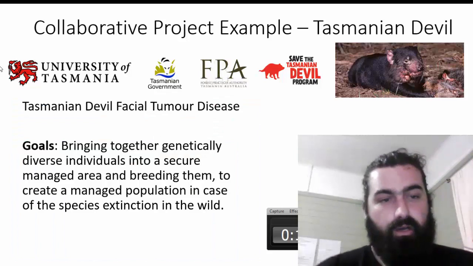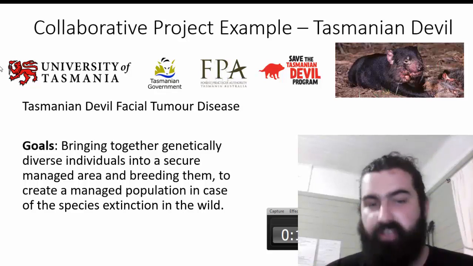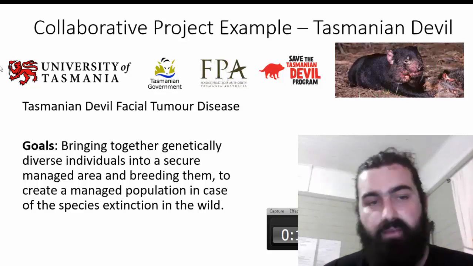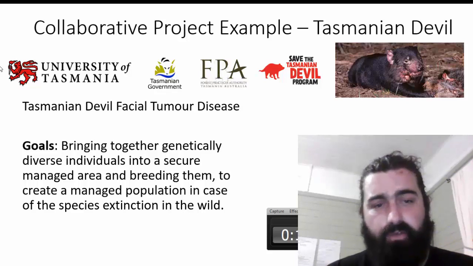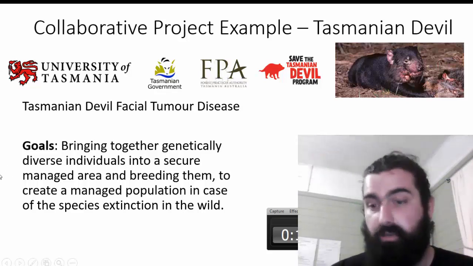Okay, so the goal of this program is to bring together genetically diverse individuals into a secure managed area and breed them to create a managed population in case the species goes extinct. Now, if we have a think about what we're saying here, first of all, you'll notice bring together genetically diverse individuals. We're talking about genetics.